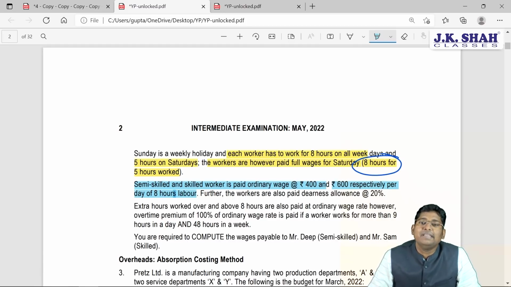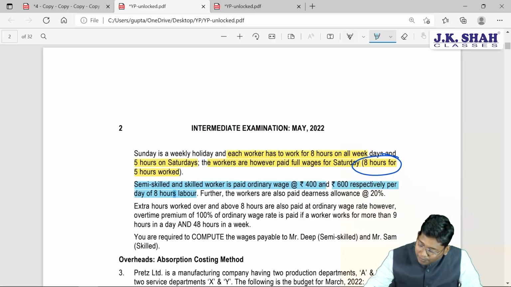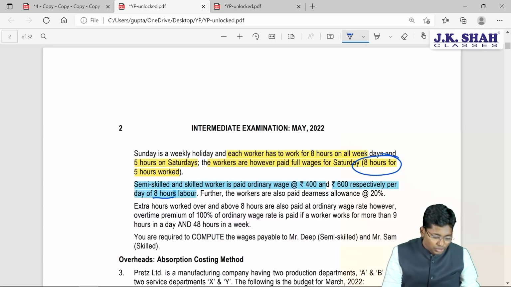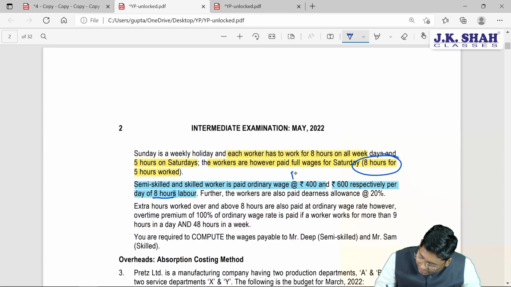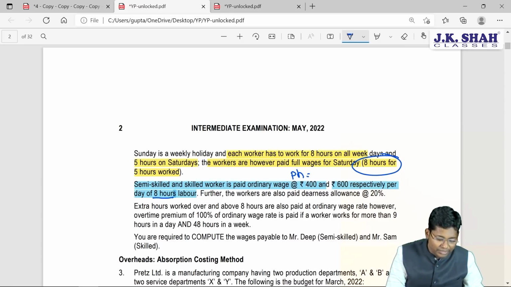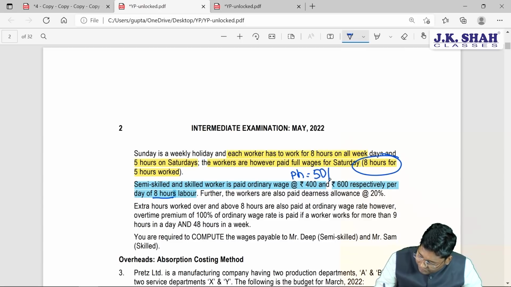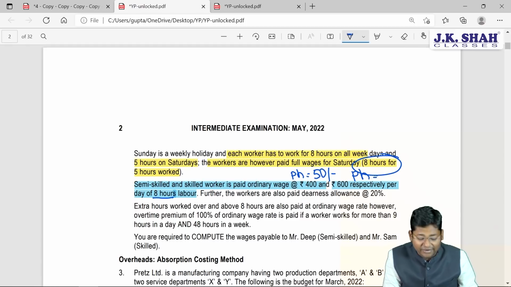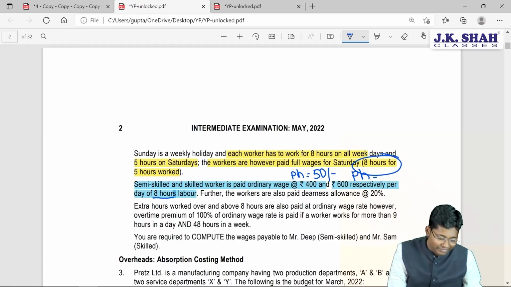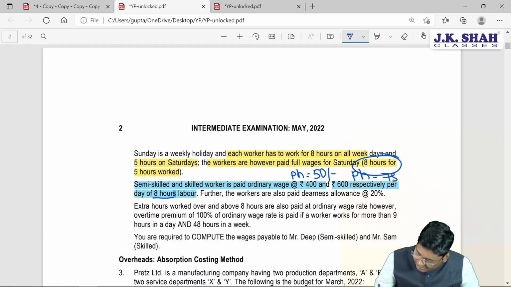The wage rate is available with us on a daily basis, and the maximum hours per day are 8. So if you want to calculate the rate per hour, you only need to divide total daily wages by daily hours. So 400 divided by 8, your hourly wage rate is 50 rupees, and the computation for the second rate can be done in the same way. 600 divided by 8 hours, here the wage rate is 75 rupees.